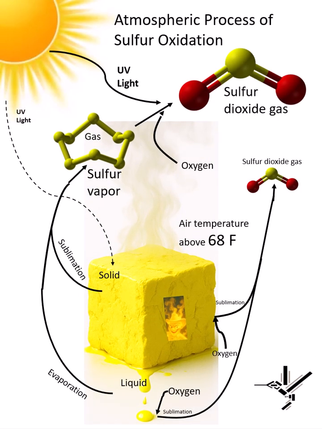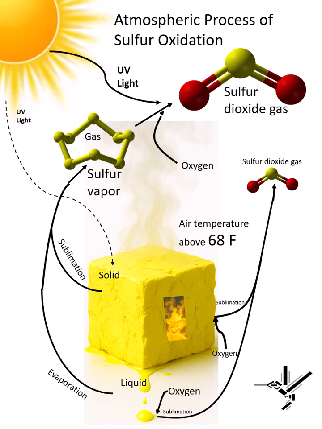This diagram illustrates a lot of what's going on with sulfur in the environment. So you can see that sulfur is actually converting via sublimation into two different gases.